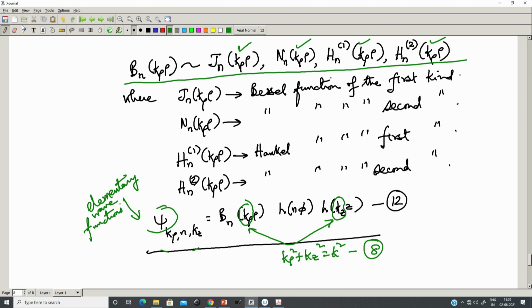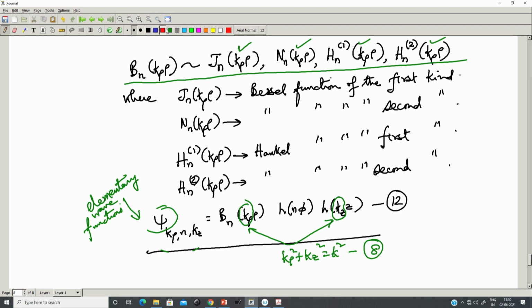So, we can sum over possible values of n and k rho, just like in the rectangular coordinate system we sum up over the values of k x, k y. Like in the rectangular waveguide we saw that we sum up over the values of m and n from 0 to infinity. So, here also we can sum up over the possible values or eigen values of n and k rho or n and k z, but we cannot sum up over k rho and k z because they are interrelated.